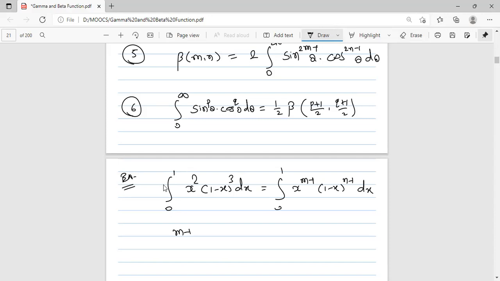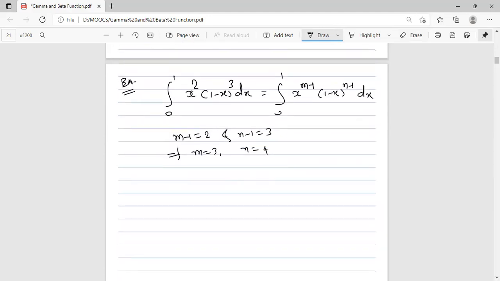Here m minus 1 equals 2 and n minus 1 equals 3. From this we are getting m equal to 3 and n equal to 4. Therefore, this integration we are getting as beta of 3, 4. Further meaning of this we are not knowing. Only beta of 3, 4 is there.